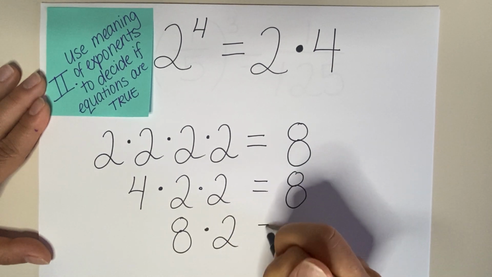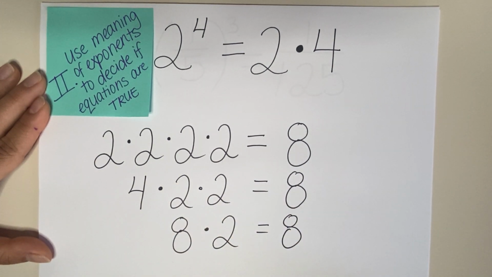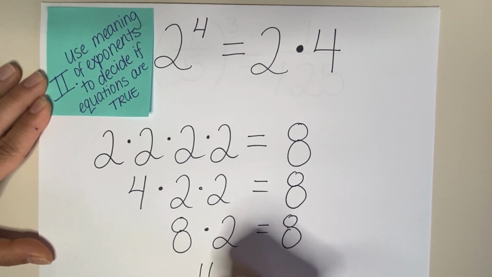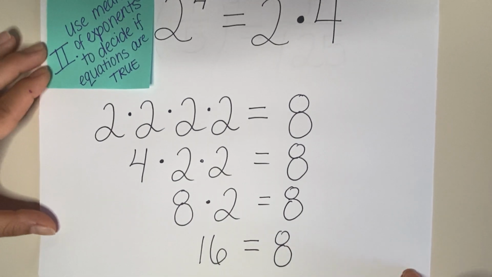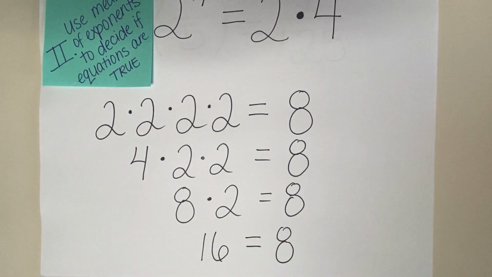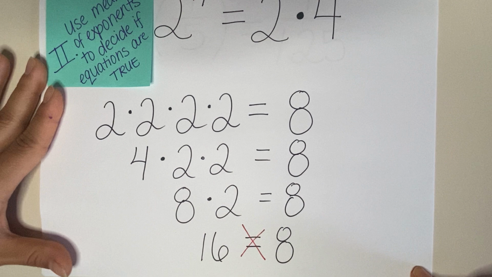Uh-oh. Then we have 8 times 2. So we see that 2 to the 4th power was actually 16. And 16 is not the same as 8.